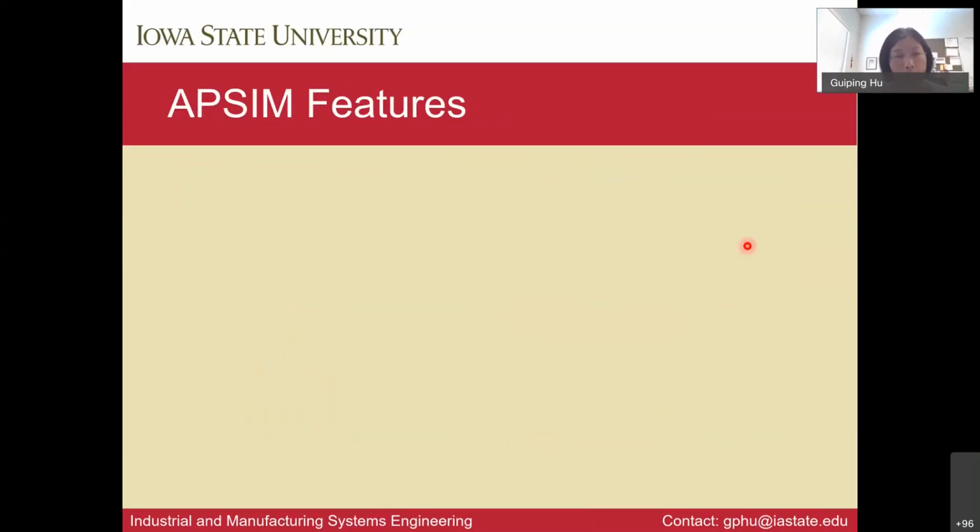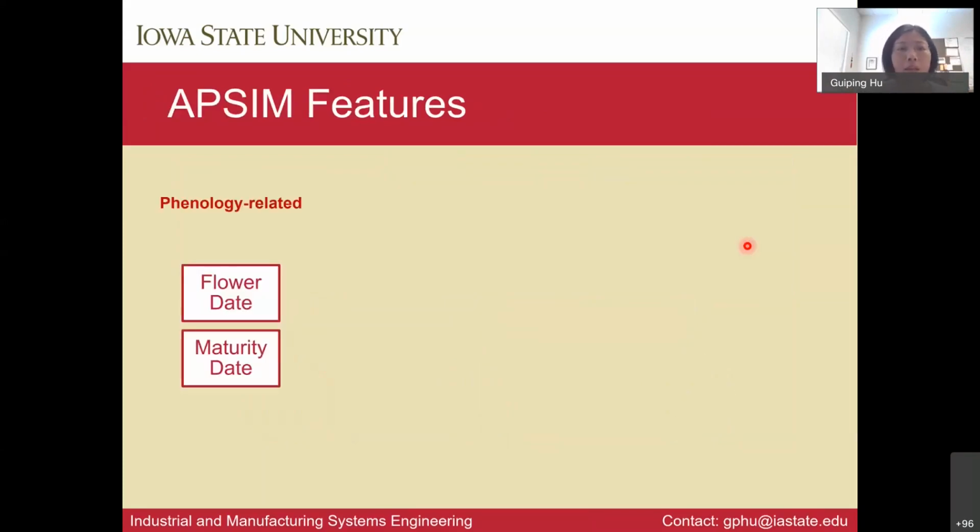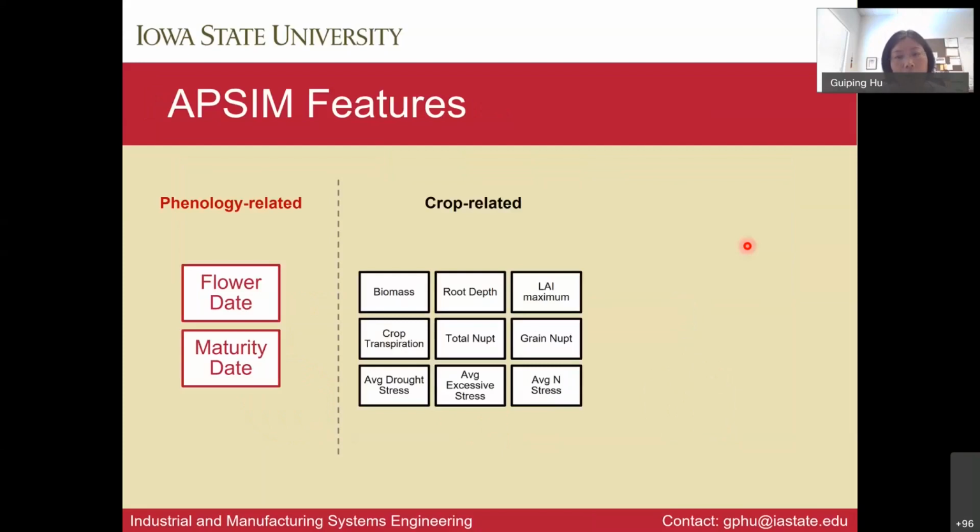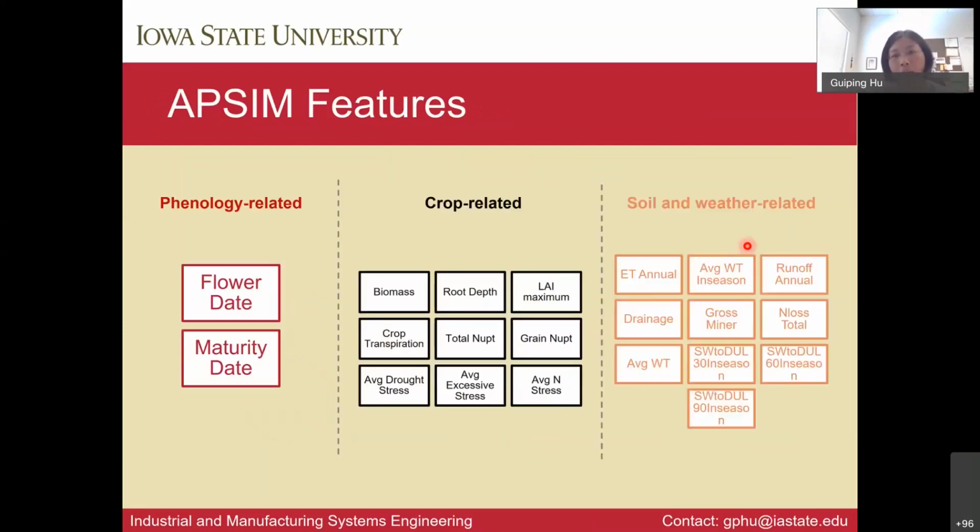Okay, so we used APSIM. Some of the APSIM features include phenology-related ones, flowering time, maturity date, and crop-related ones. I'm not going into too much detail given the time. And then soil and weather-related features. So these are APSIM features that are generated from the crop model.